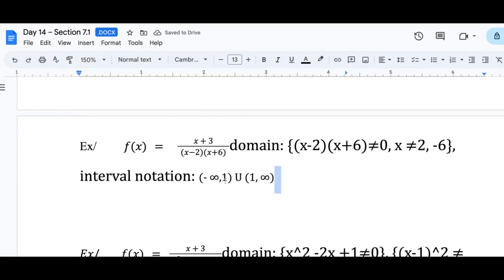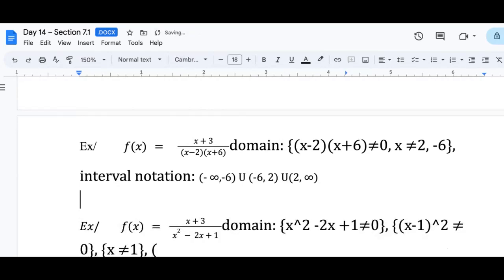Using interval notation, that's from negative infinity up to negative 6, then from negative 6 up to 2, the union 2 up to infinity. So we use this interval notation to get rid of the values of 2 and negative 6 in the set.